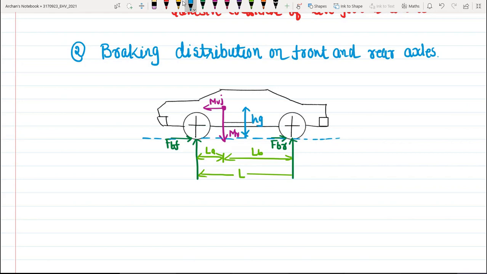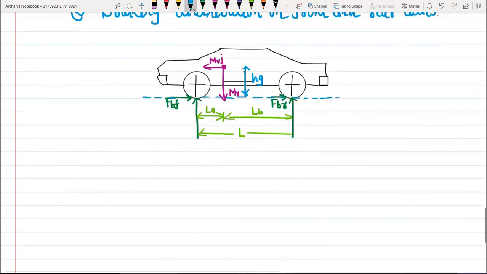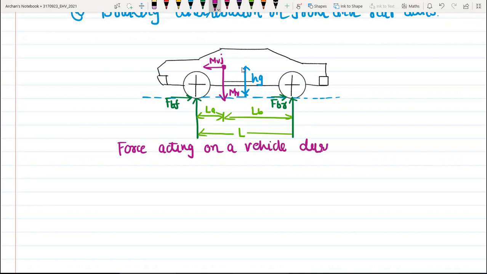Okay, so these are the different forces acting on a vehicle during braking, and we are considering the flat road only. Okay, I am not going up a grade or going down a grade. Okay, so this is the force acting on a vehicle during braking, of course on a flat road, right?